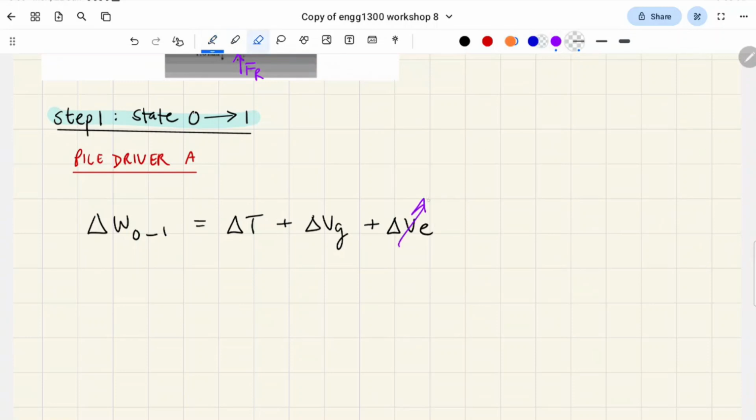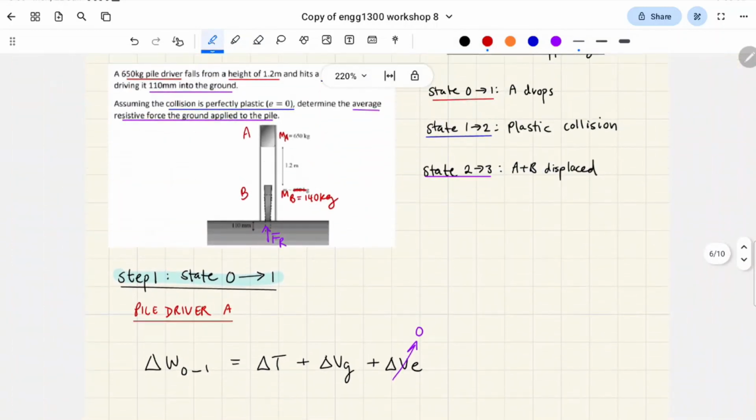Okay, so the first thing we can scratch out is that we don't have elastic energy involved because there are no springs. Next, in the system, I want you to think about if there's any work being done to the system. Are there any external forces acting on A? And the answer is no, basically. There's no work being done. Everything's going to be driven by gravitational potential energy and kinetic energy only.